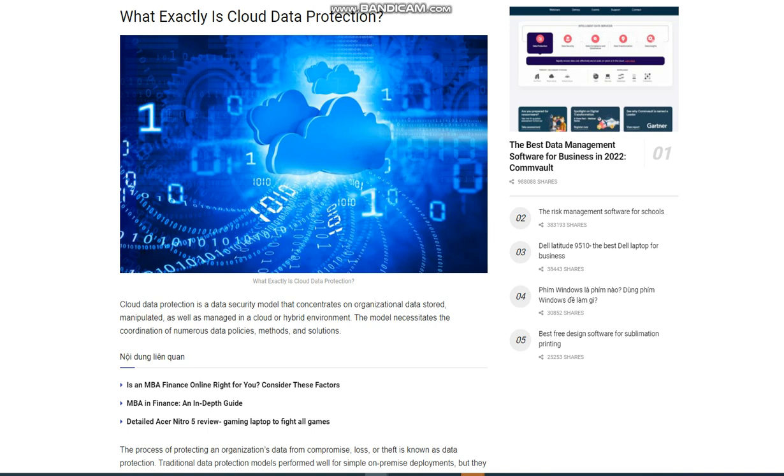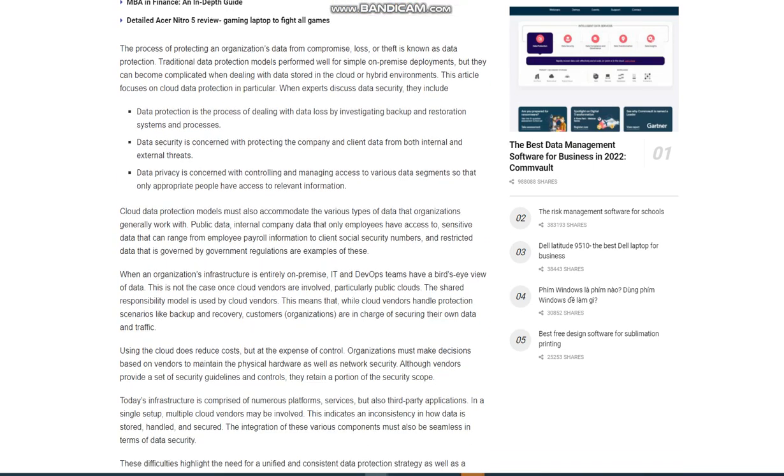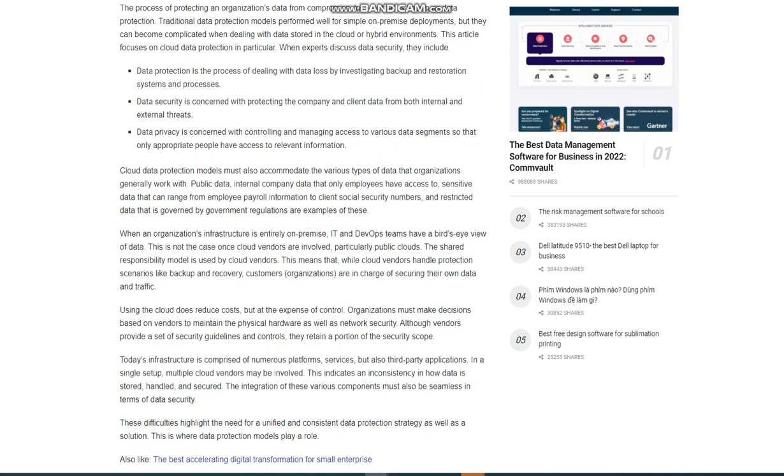When experts discuss data security, they include data protection as the process of dealing with data loss by investigating backup and restoration systems and processes. Data security is concerned with protecting the company and client data from both internal and external threats.